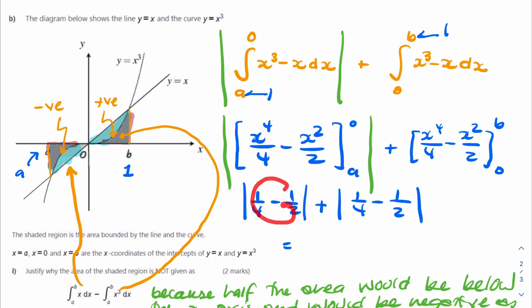Well, strictly speaking, this should be the other way around. It should be a half minus a quarter, but it's fine because we're taking the absolute value. Quarter minus a half is a quarter, and if you take 2 of those, you get half. So that's your final answer.